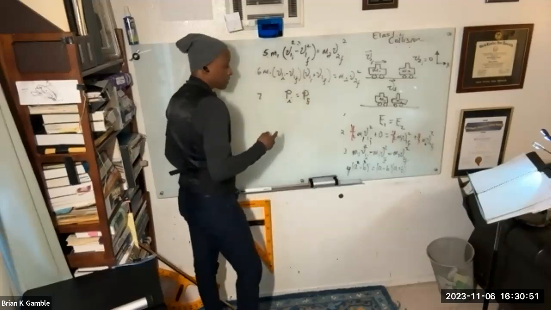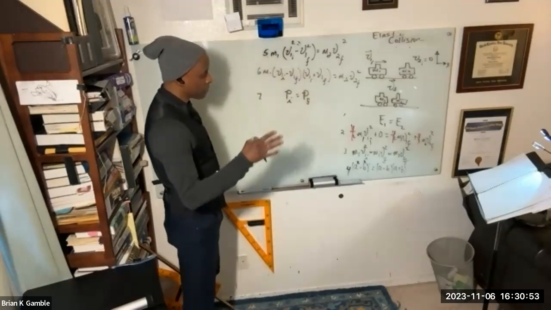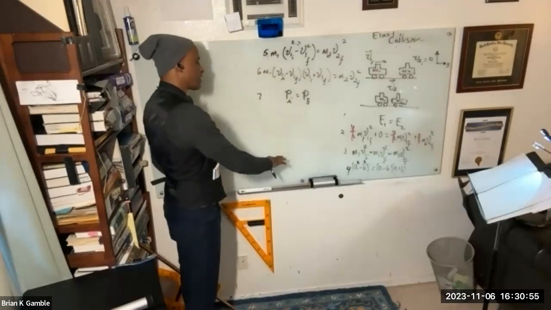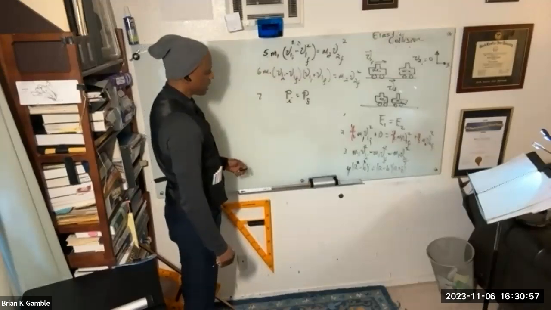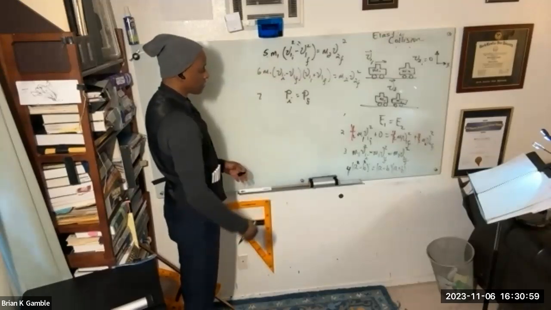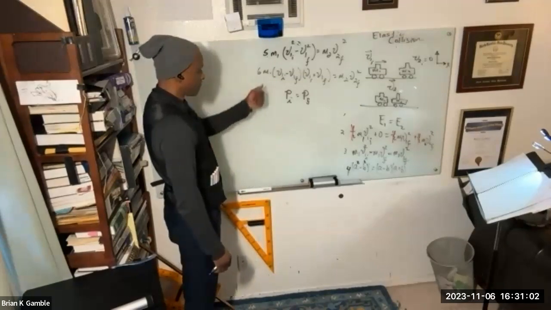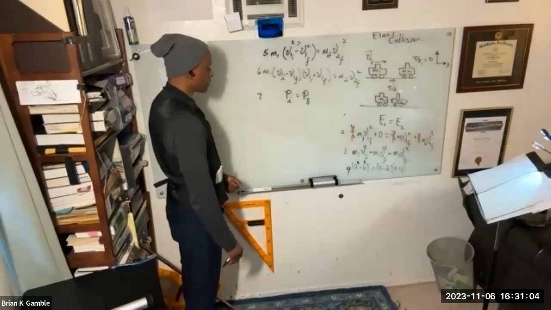I'm going to stop there. You can finish the derivation. You can start there, maybe read the book, see if you can apply conservation of momentum, then get a relationship of initial and final velocities of both cars.